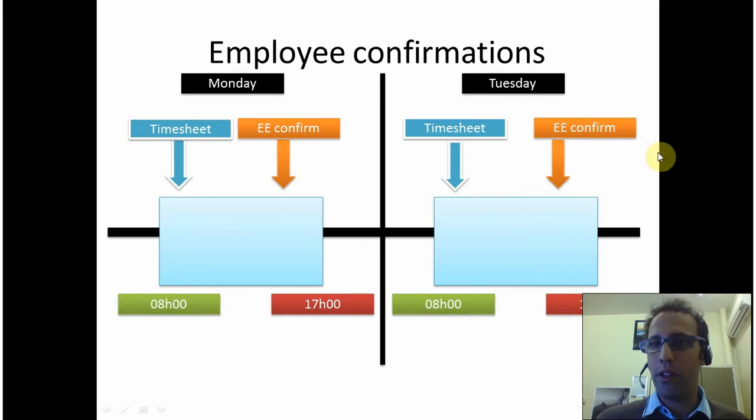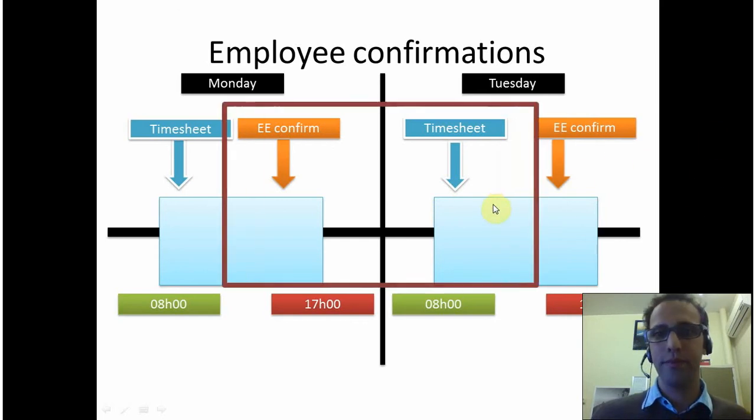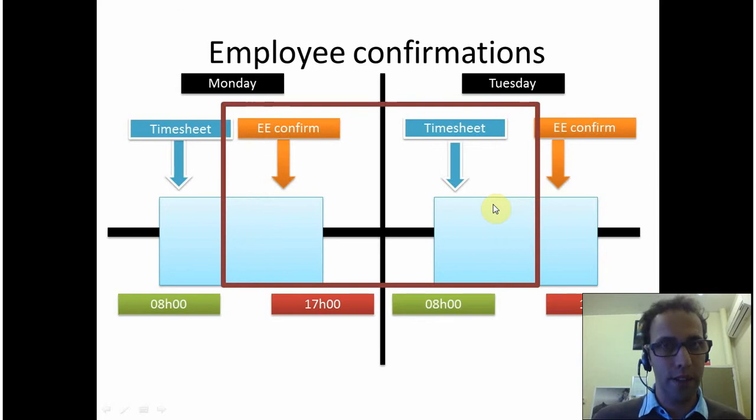Then on Tuesday afternoon, you'll get the employee confirmations looking at the next day's timesheet. Please know that there is a link between employee confirmations on Monday afternoon and the timesheet for Tuesday morning. The employee confirmations that you make on Monday afternoon are in preparation for the timesheet that you will receive on Tuesday.